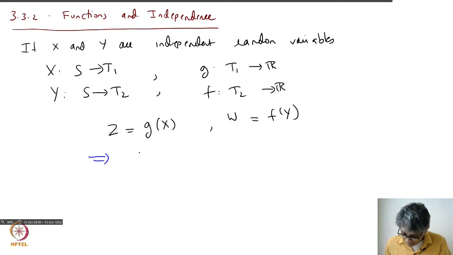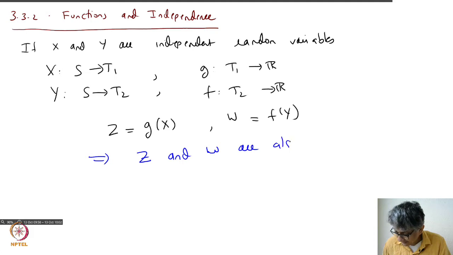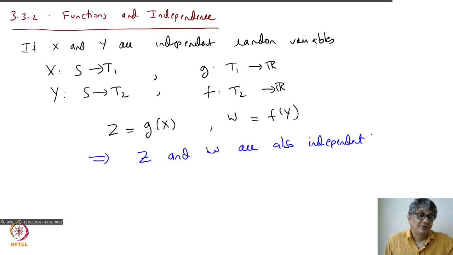There's no reason to believe that z and w are not independent. So this will actually imply z and w are also independent, because w depends on y alone, and z depends on x alone. If x and y are independent, then z and w should be independent.